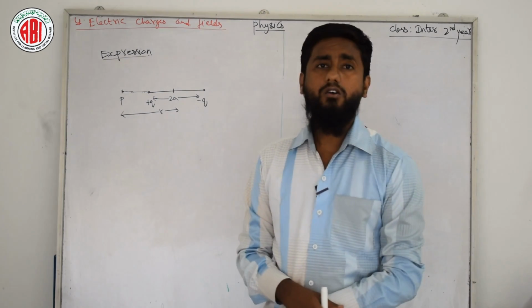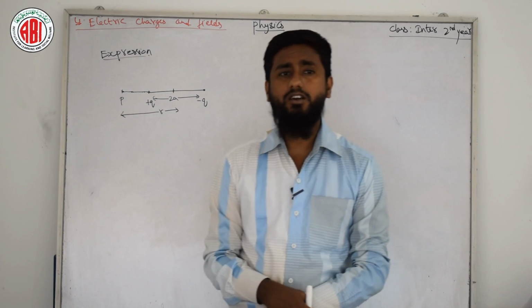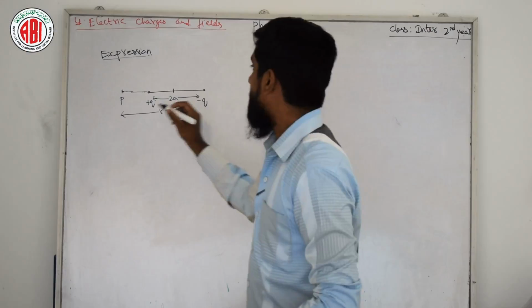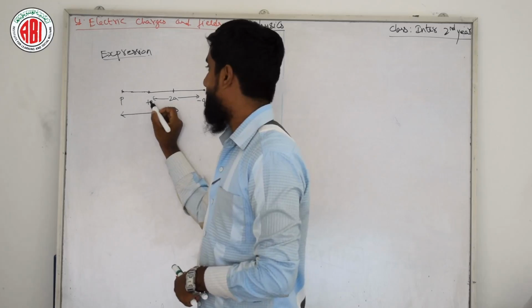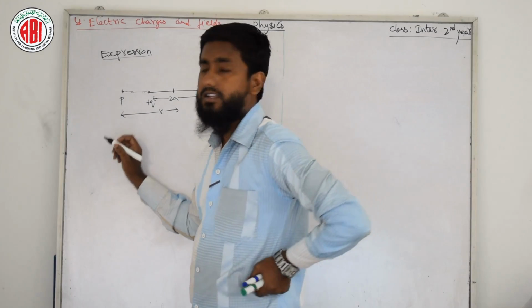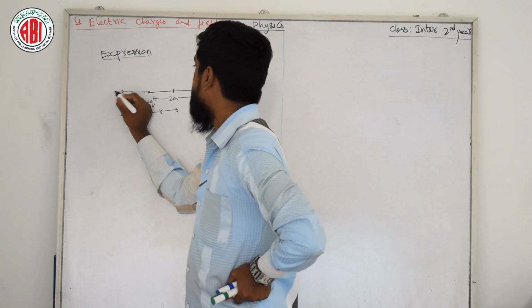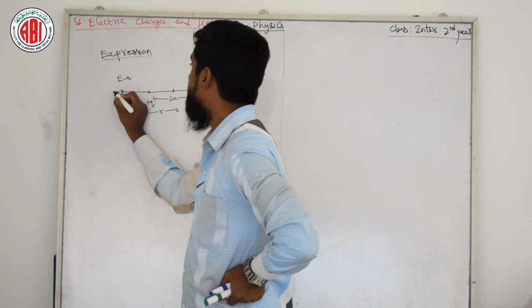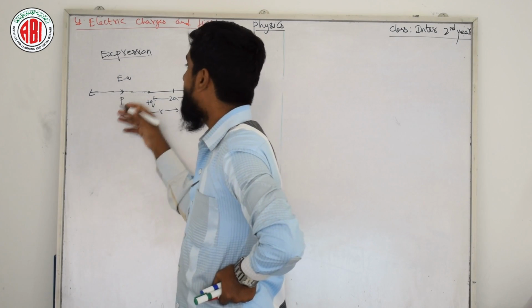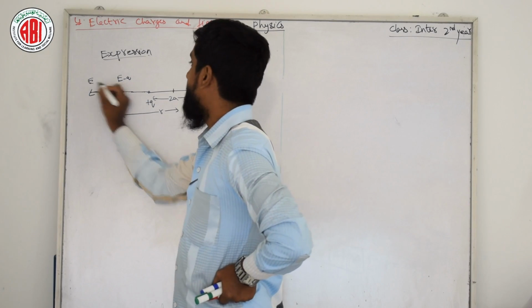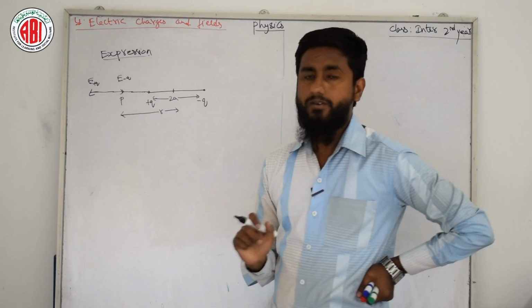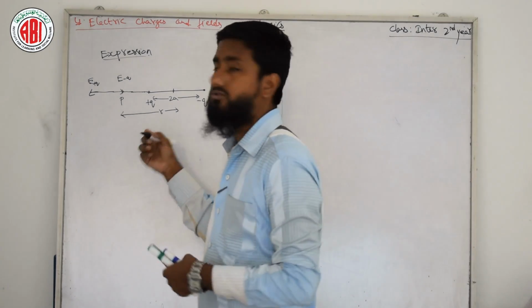Now the electric field intensity at P due to the minus q is given as follows. This is a unit positive charge, and the negative charge attracts it towards itself. We can consider this as E minus Q, whereas the positive charge repels it away, that is E plus Q. So for E minus Q, what will be the value?